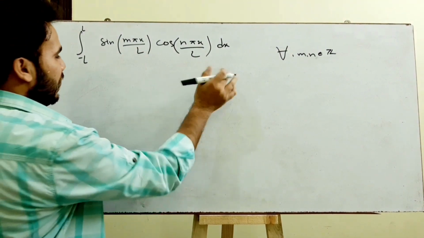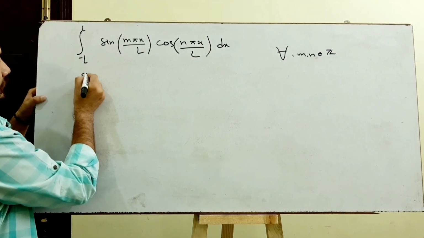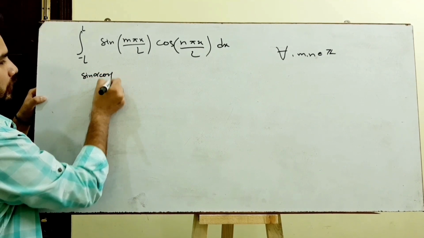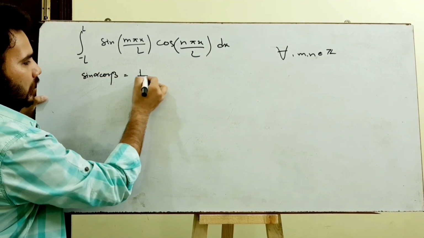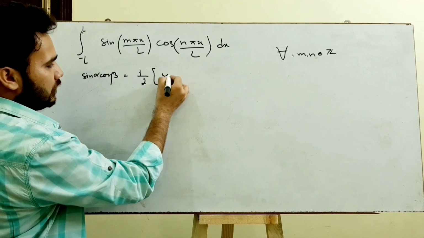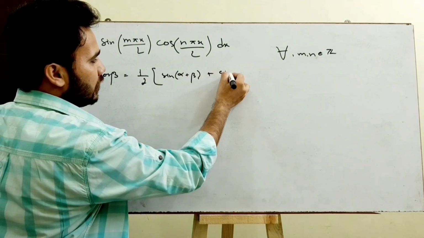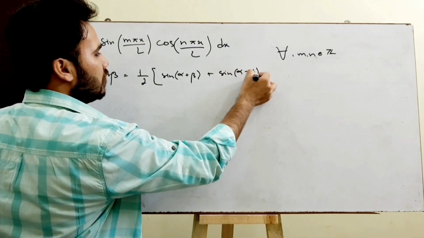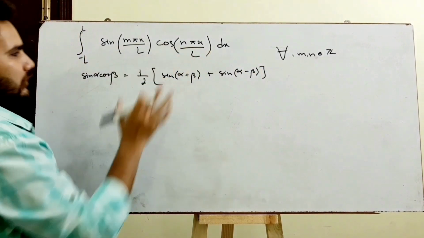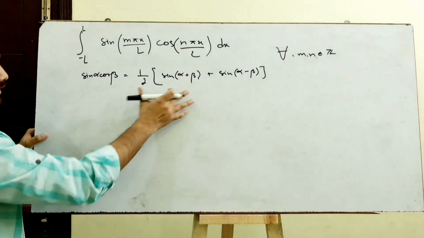I'm using the trig identity sine alpha cosine beta equals 1/2 [sine(alpha plus beta) plus sine(alpha minus beta)] to compute this integral.